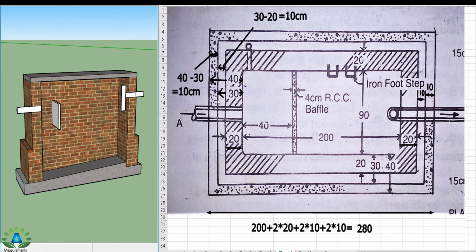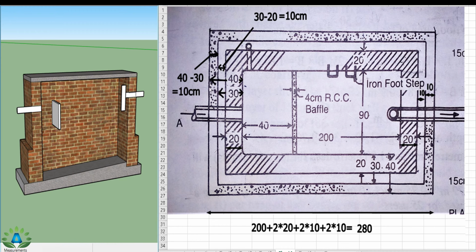So now we have to calculate the small length and this length is this wall 30 cm minus this wall 20 cm. So this small portion is 30 minus 20, that is 10 cm here. And similarly in this case also, this wall is 30 cm from this point up to this point and this portion is 20. So this length is 10 cm.